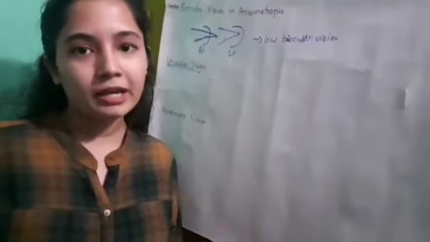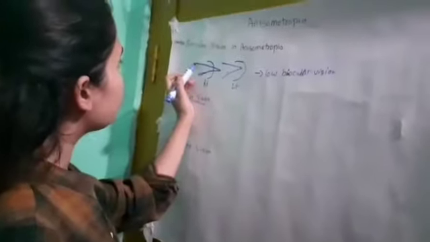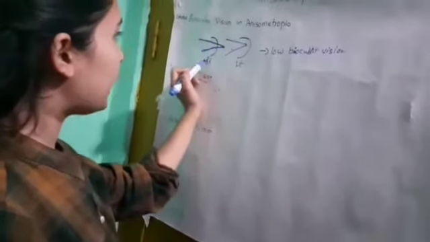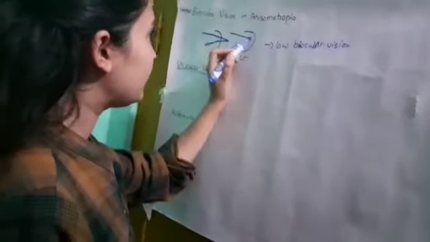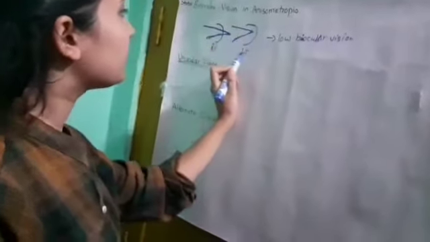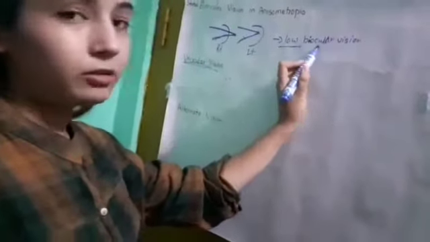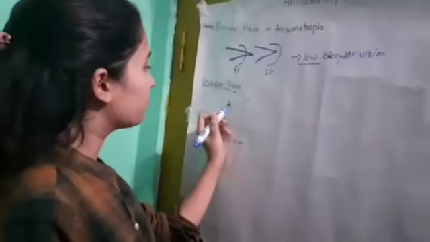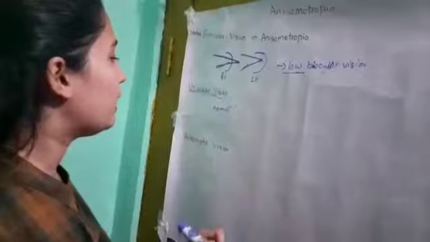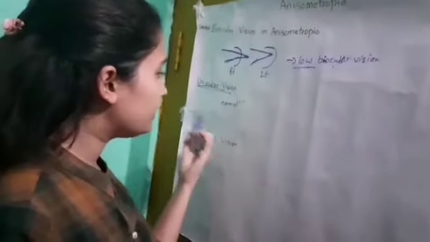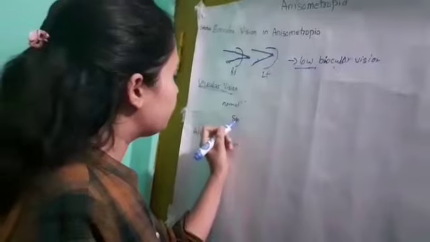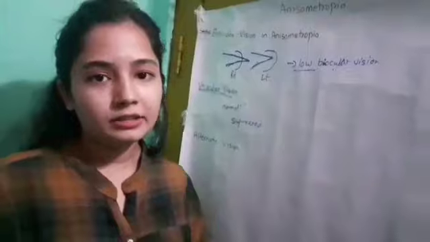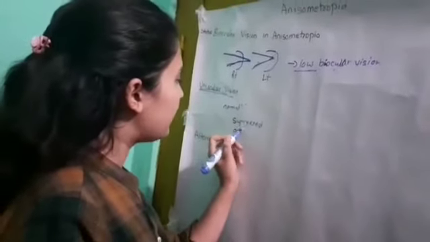If some rays of light are focused in front of and behind the retina in the right eye, and some rays are focused in front of the retina in the left eye, this gives low binocular vision. In uniocular vision, if one eye is normal and the other eye has a refractive error, this eye can be suppressed and can develop anisometropic amblyopia, that is lazy eye.